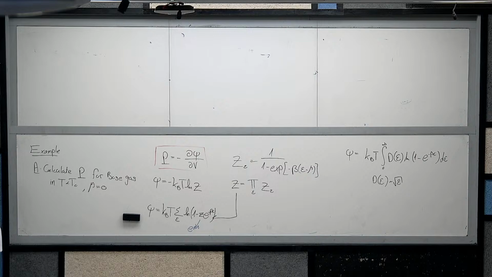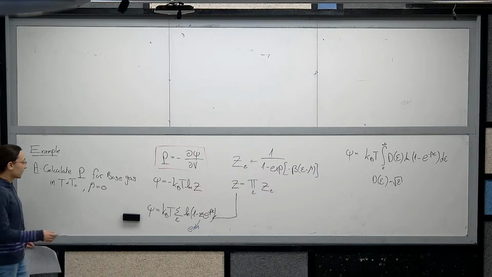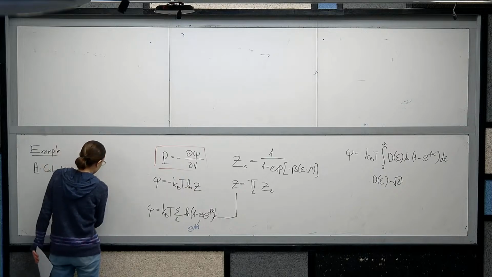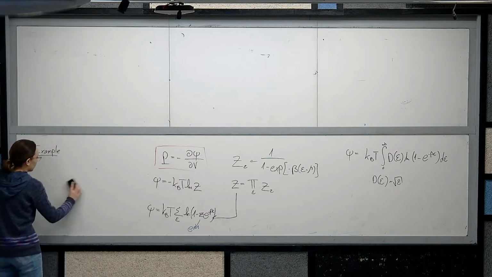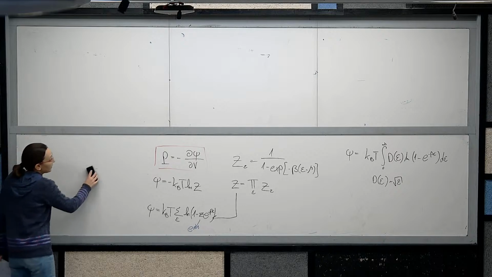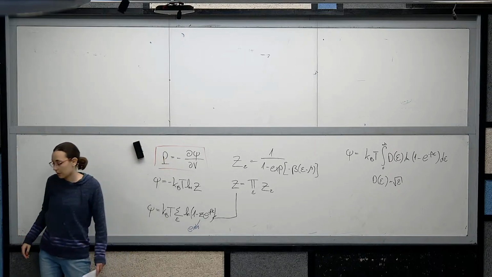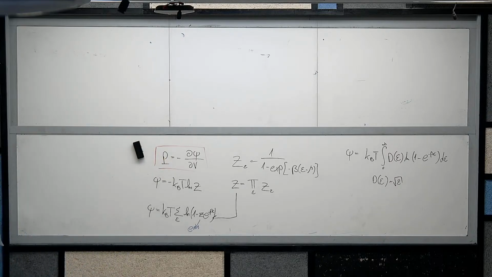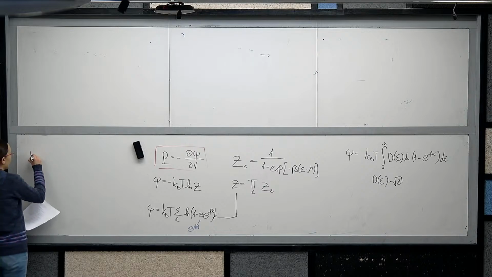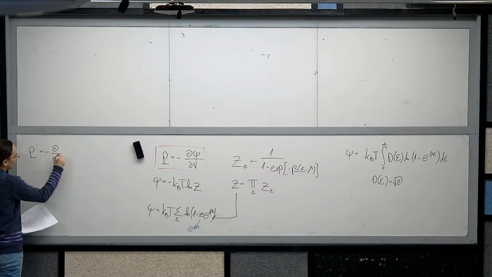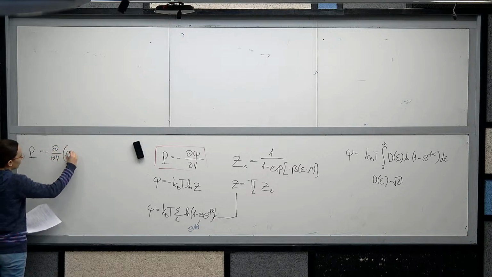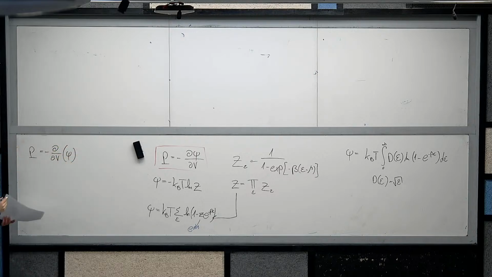So let's first calculate the pressure and then solve the integral. Okay, so this is our grand canonical potential, and now we can calculate the pressure by deriving this potential relative to V.